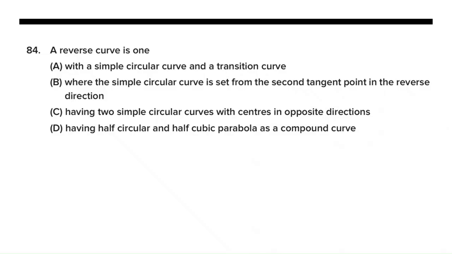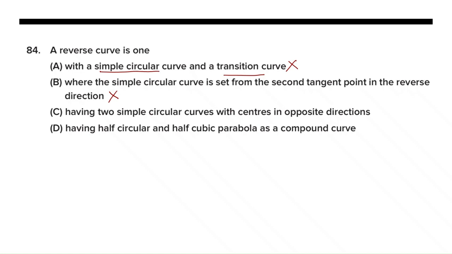Next question. A reverse curve is one, options: with a simple circular curve and transition curve. A simple circular curve and transition curve form a compound curve or transition curve, that is not a reverse curve. Where a simple circular curve is set from the second tangent point in the reverse direction, that is also geometrically not possible.